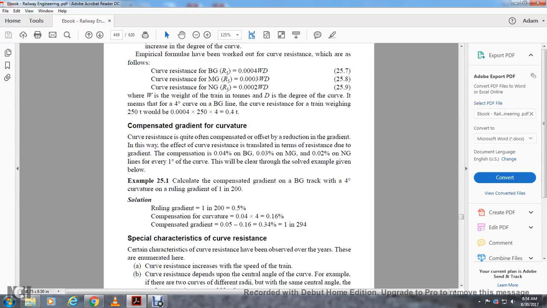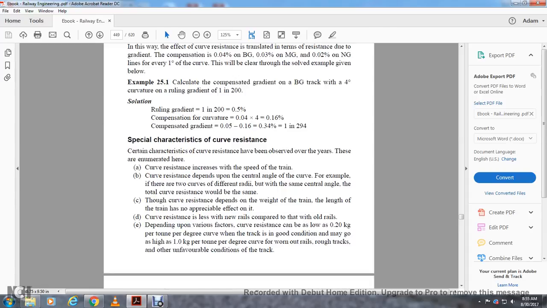Example 25.1: calculate the compensated gradient for broad gauge with a 4-degree curve on a ruling gradient of 1 in 200. The ruling gradient is 1 in 200 or 0.5 percent. Compensation for the curve is 0.04 times 4, which is 0.16 percent. Compensated gradient is equal to 0.5 percent minus 0.16 percent, or 0.34 percent, which is 1 in 294.